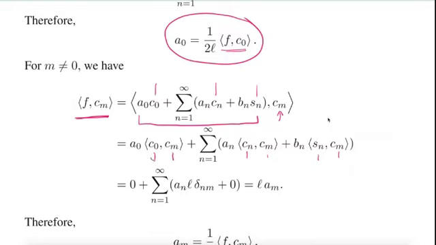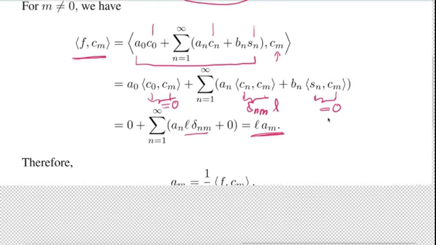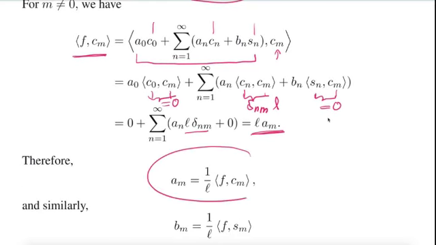So now the first one will be 0, since it has a different index, 0 and m, and these sine terms will be 0 because they have a different sine and cosine involved. So we only keep the part here, which is delta nm, so it's only 1 if n equals m, times the domain length L. Everything else is 0. The sum really trickles down to only one value, which is am times L. Ooh, this is cool. So then I can compute am like this.